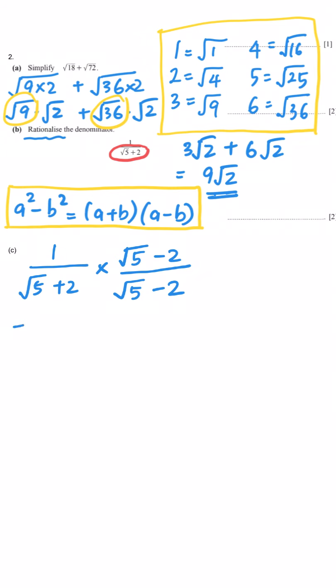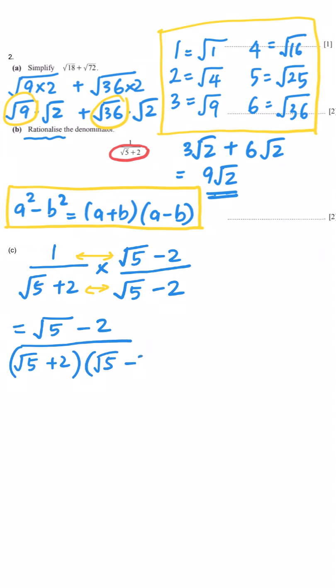Now we start multiplying, multiplying fractions. The numerator multiplied by 1, so we get √5 − 2. And the denominator, we have √5 + 2 multiplied by √5 − 2, which is like I said just now.